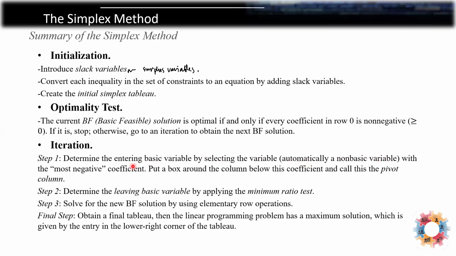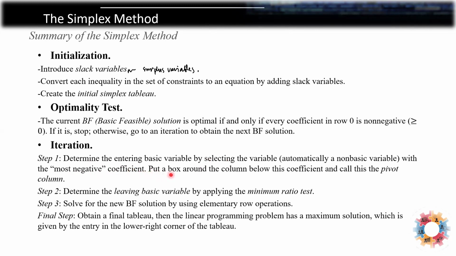You determine the entering basic variable by selecting the variable with the most negative coefficient. You're looking into row 0, the row corresponding to your objective function, and you select the most negative coefficient.